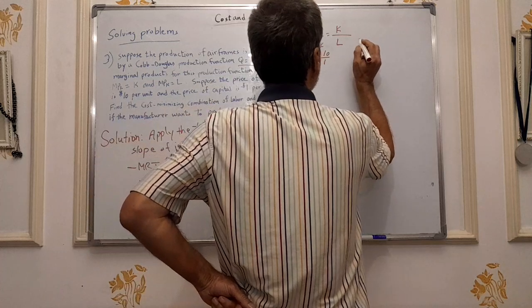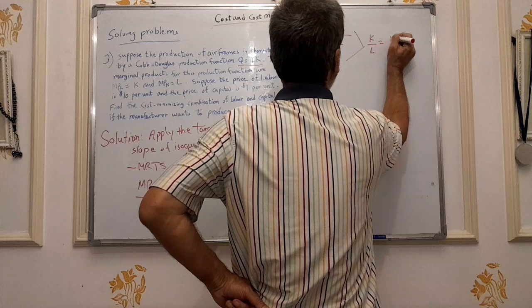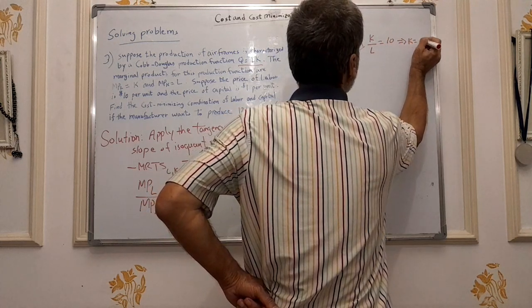So now we get K over L equal to 10, which means K is equal to 10L.